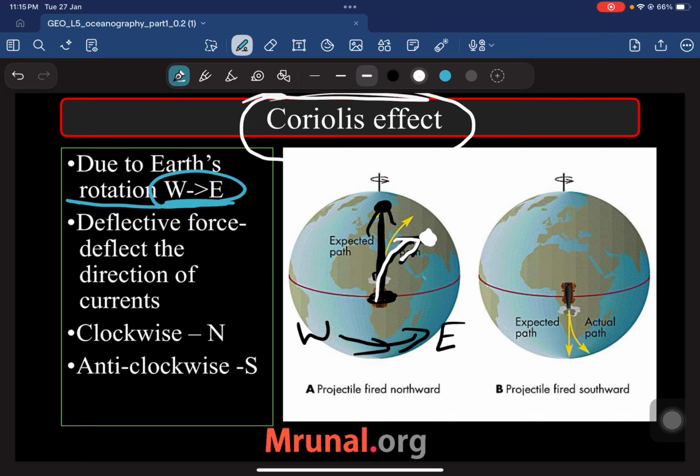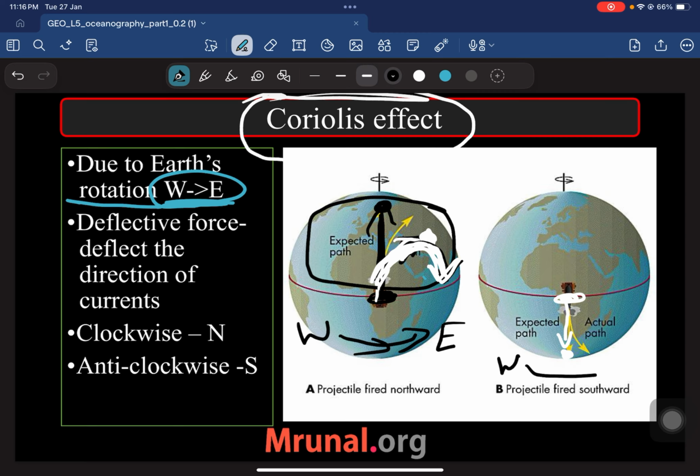This is the northern hemisphere. In the northern hemisphere, it will deflect clockwise, like this. In the south, if I throw a bomb, the actual path we are expecting is here, but because of the rotation of Earth from west to east, it will deflect like this.